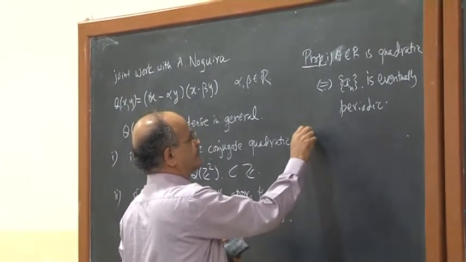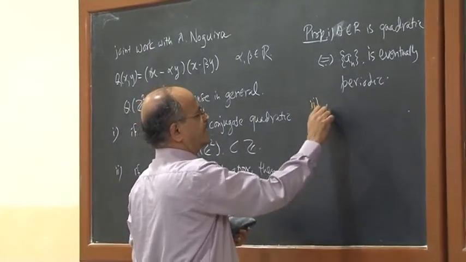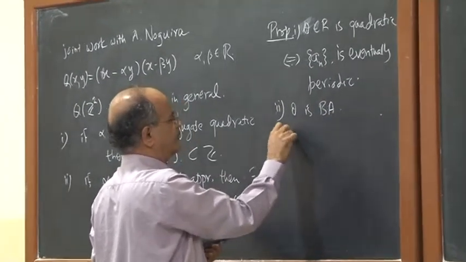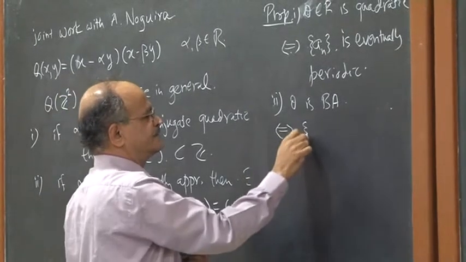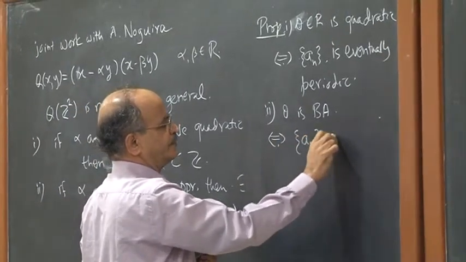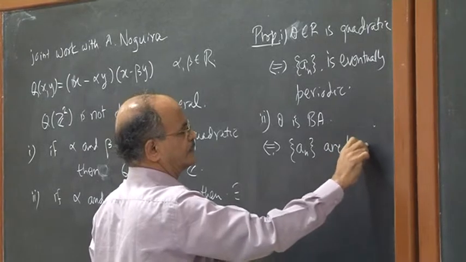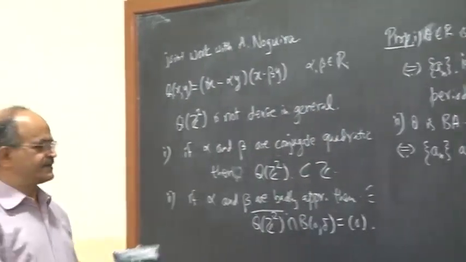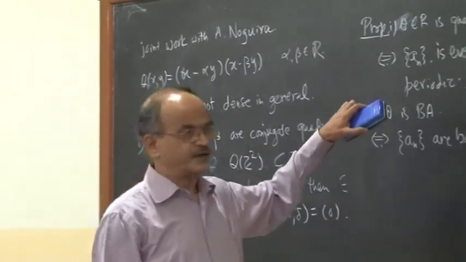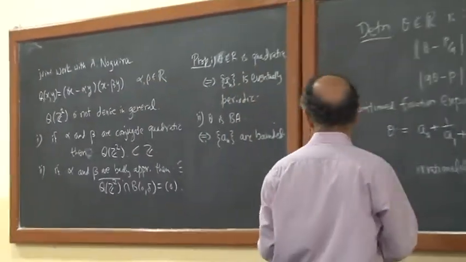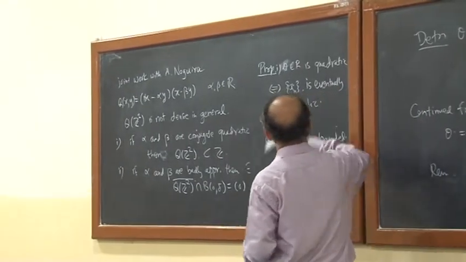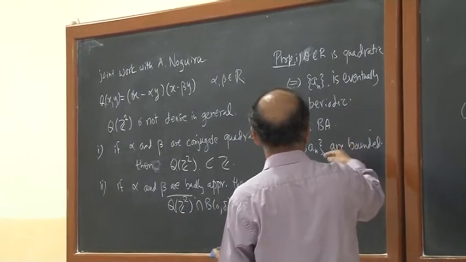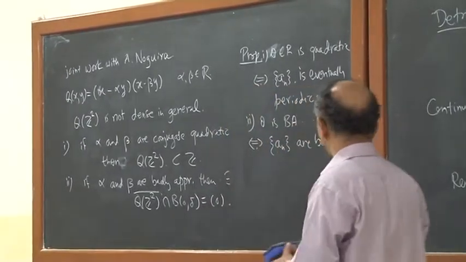And secondly, theta is badly approximable if and only if the an are bounded. So we see that these two behaviors correspond, in terms of Diophantine approximation, to the specific cases where it's either periodic or the weaker condition that they form a bounded sequence.